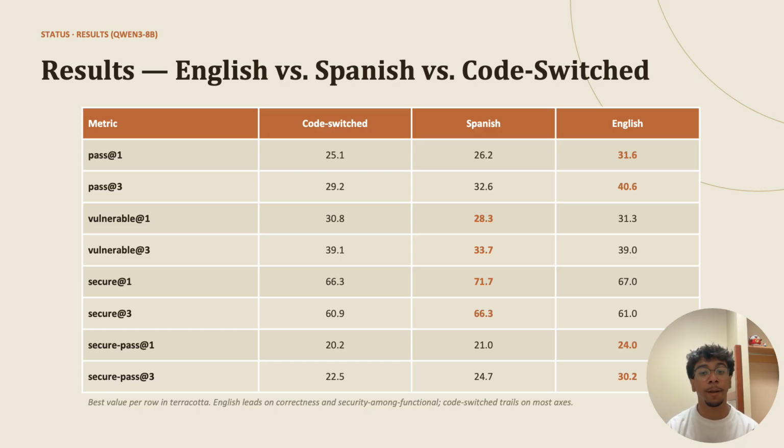When we're looking at secure pass, you can see that they are affected, and the English language takes the cake on that one. It is much more efficient for this kind of task. So there is clearly a trend where the code-switched language just performs worse in almost every category than both the English and the Spanish.